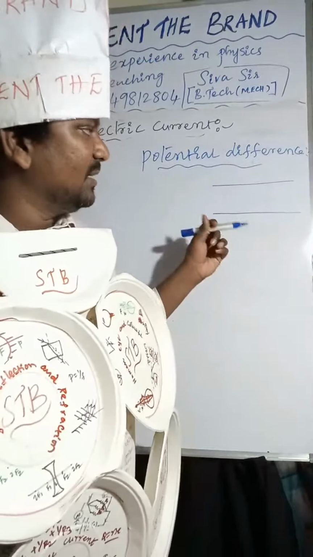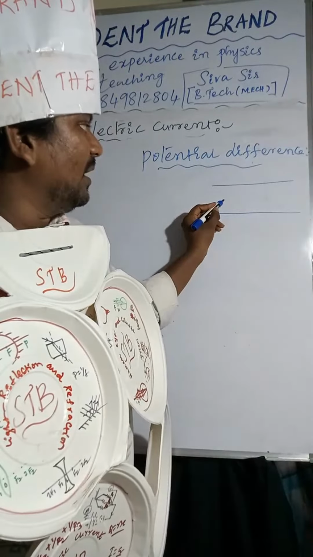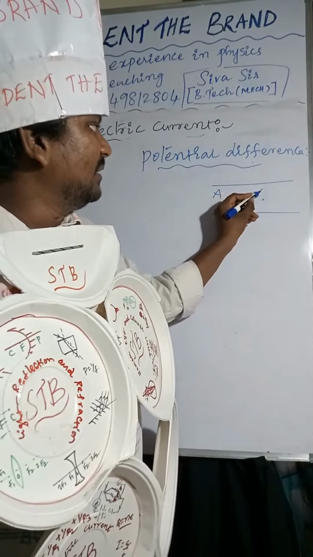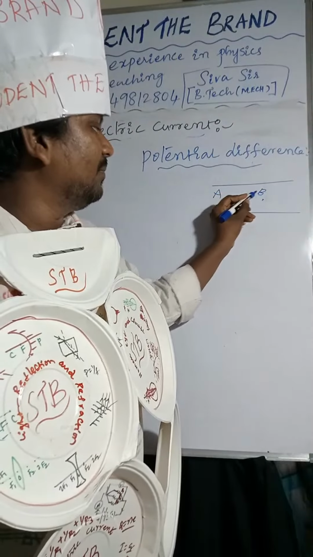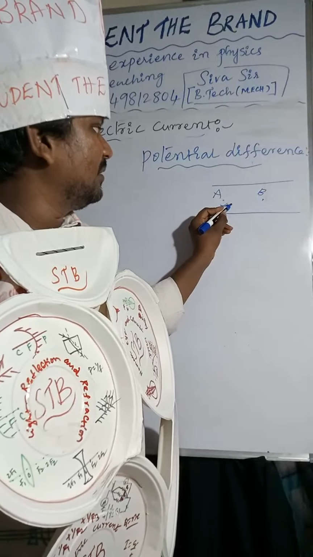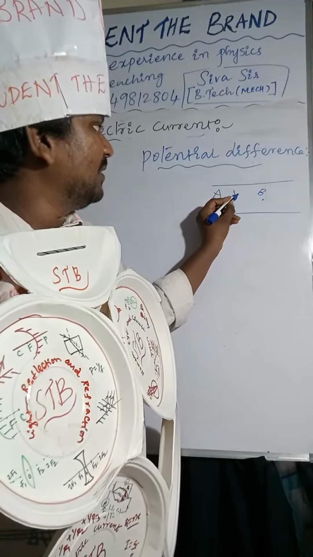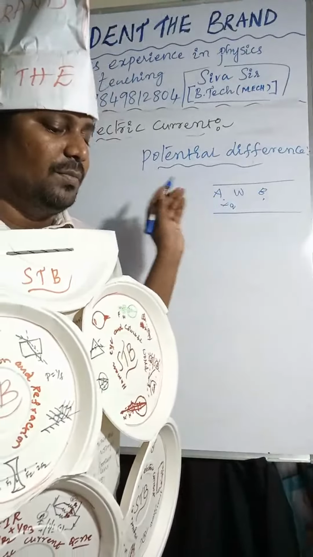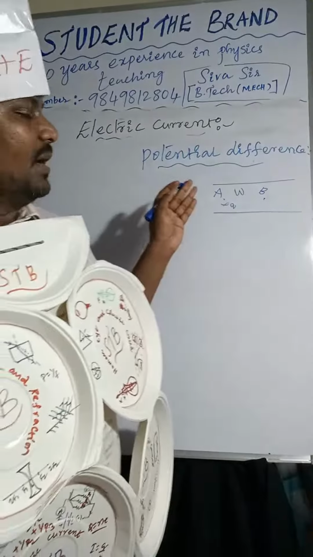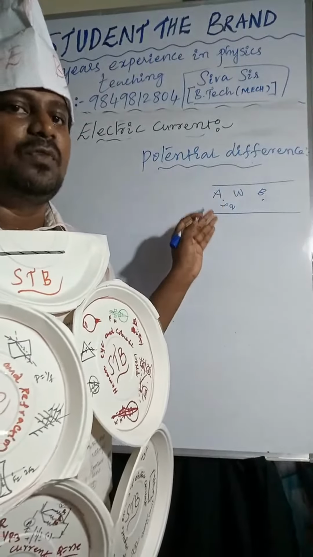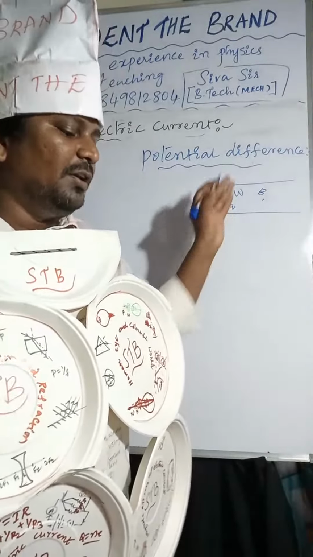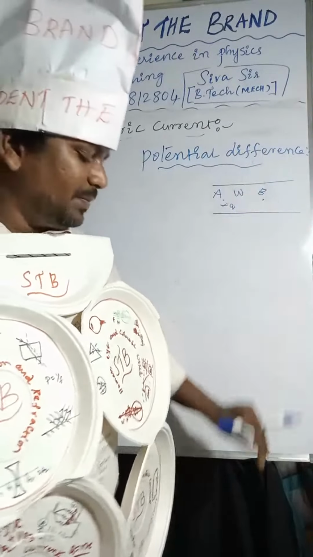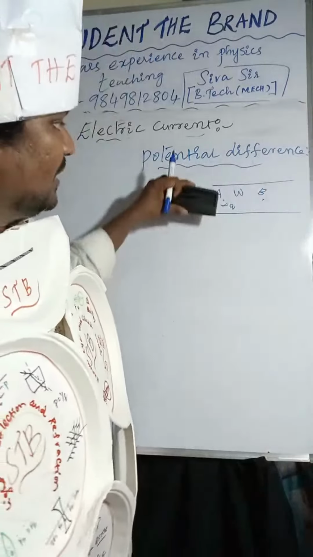Say this is point A and this I'm considering B. I'm taking a positive charge, and we are doing some work to bring a unit positive charge from one point to another point within the conductor.